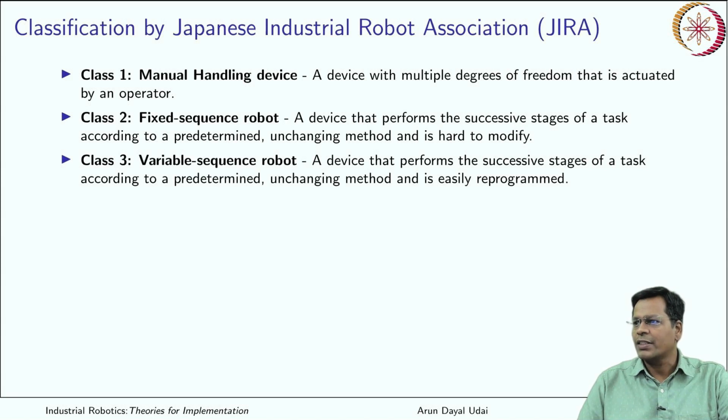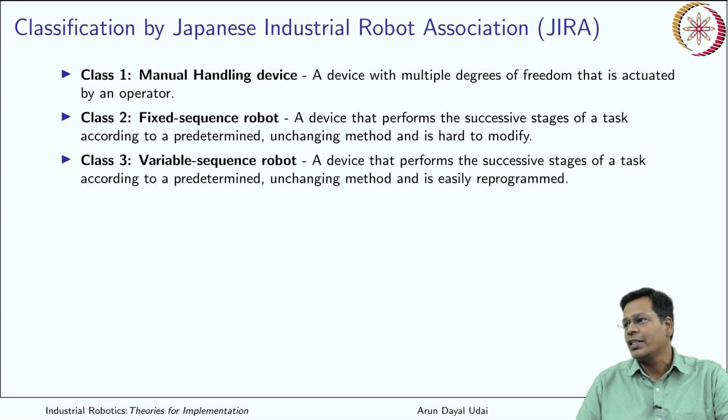Class 3 is a variable sequence robot, a device that performs successive stages of a task according to a predetermined method and can be easily reprogrammed. So here comes the picture of some programming aspect of a robot, and now it fits well into our definition of the robot, as we have defined earlier in our first class.